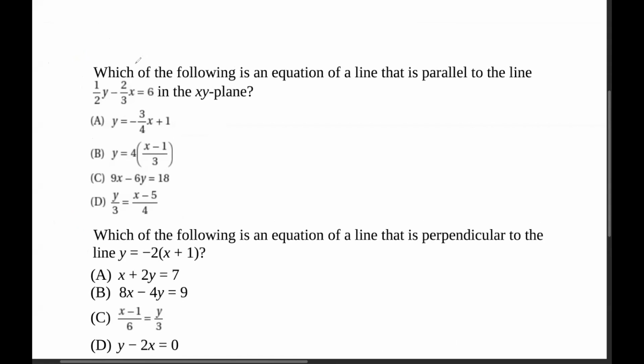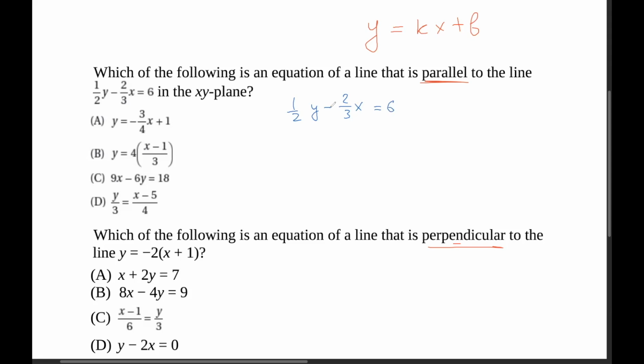So here we have two questions. One of them is related to parallel lines, the other to perpendicular lines. They say, which of the following is an equation of a line that's parallel to this one. We need to remember that we have to write them all in standard form. Otherwise, you can't say whether they are parallel or not. Because of this, sometimes students choose this one as the slope, but it's false. 1 over 2y minus 2 over 3x is equal to 6.